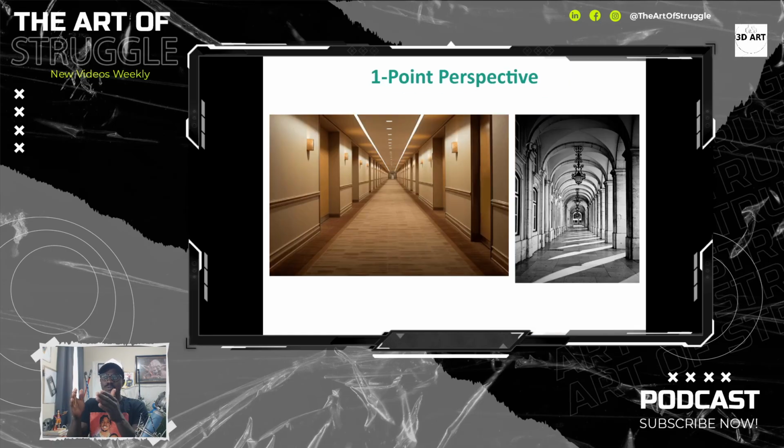Right, so we can go from these dramatic hallway shots when you're getting these 1-point perspective. You just get these leading lines, and it's really good for directing your viewer's attention. So your attention is going boom, straight down the hallway, boom, straight down that hallway, right? And that's the idea of the 1-point perspective. Now, if you put a character or something right here, now we're focusing on the character because they're superimposed in front of us in this super symmetrical composition.